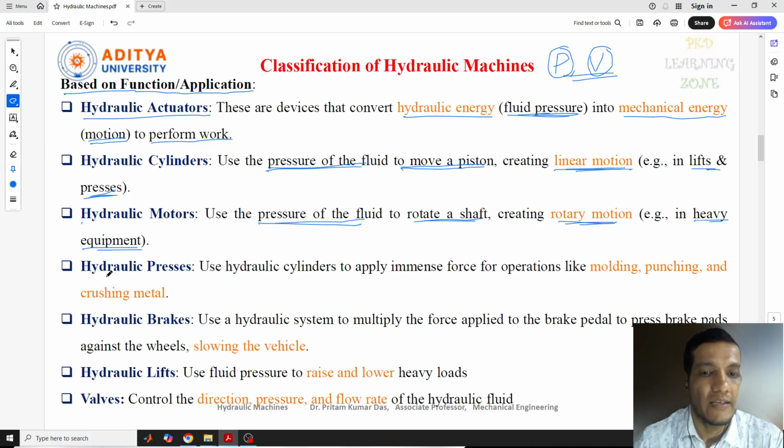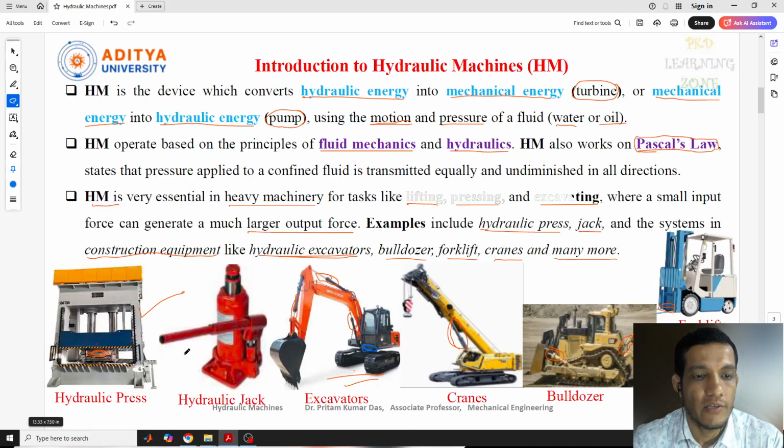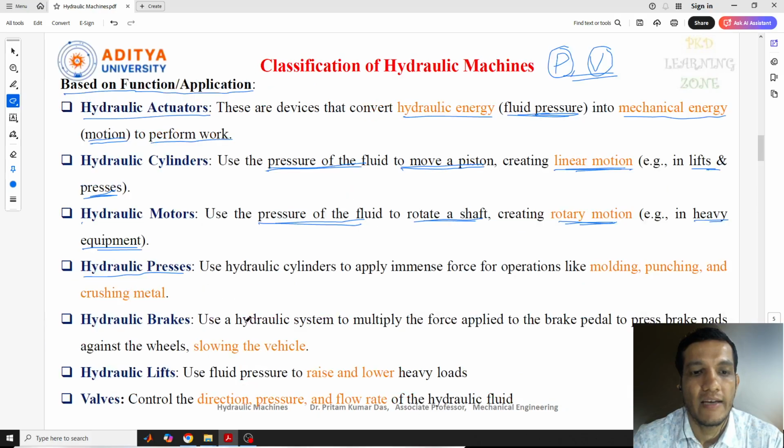Similarly, the hydraulic press. You have already seen that diagram I showed you previously. You can see here, this is the hydraulic press. So in the hydraulic press, what applications can be taken? By using these hydraulic cylinders, an immense force is applied for operations like molding, punching and crushing the materials.